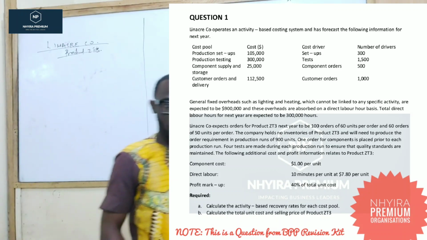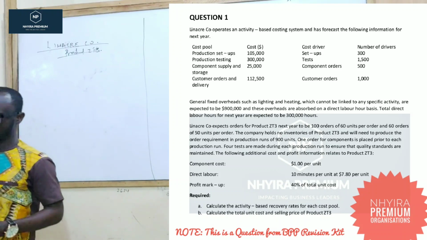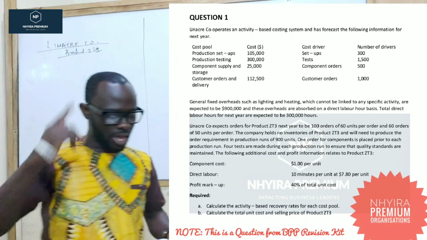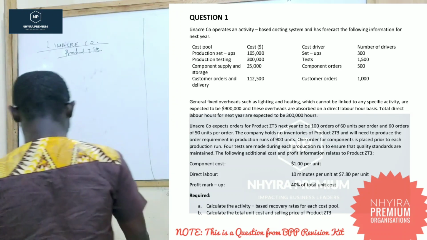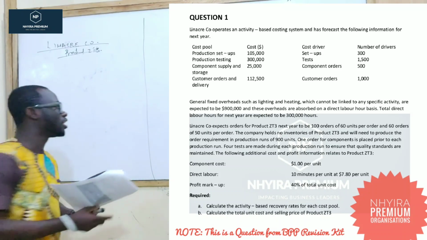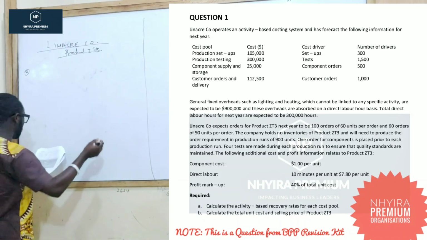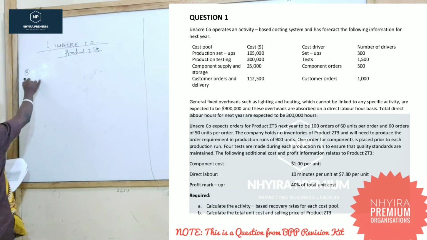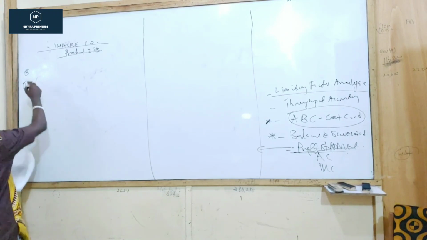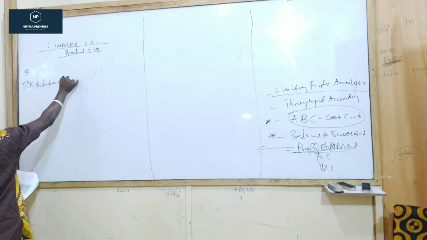The examiner is asking us to A, calculate the activity-based recovery rate for each cost pool. So we don't have to think about anything. We go straight to calculate the overhead absorption rate for each cost pool. The first cost pool there is the production setup.